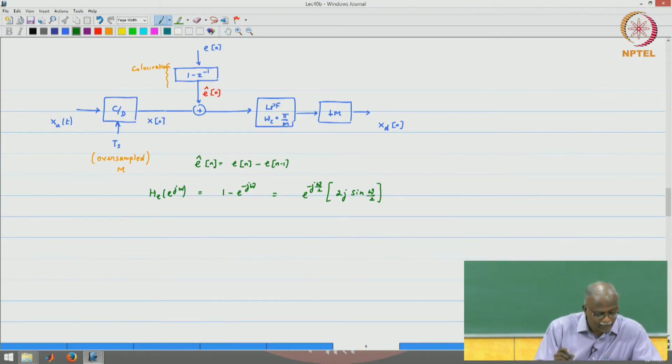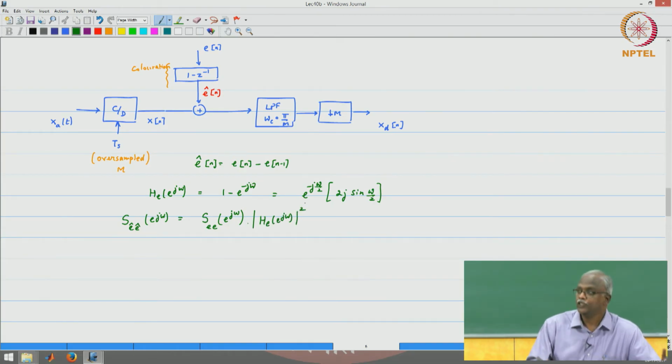And we have a result which tells us that the power spectrum of E hat, S_E hat of e to the j omega, will be equal to the power spectrum of the input signal, S_E of e to the j omega, times the magnitude squared of H_e of e to the j omega.